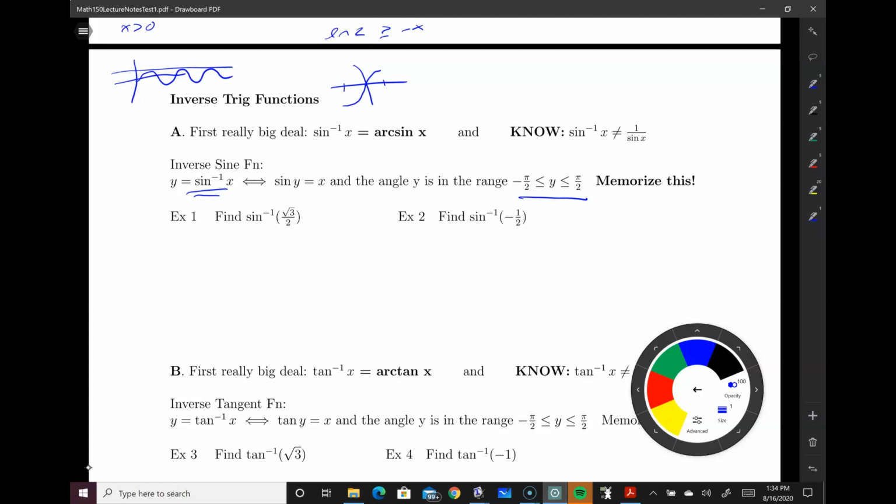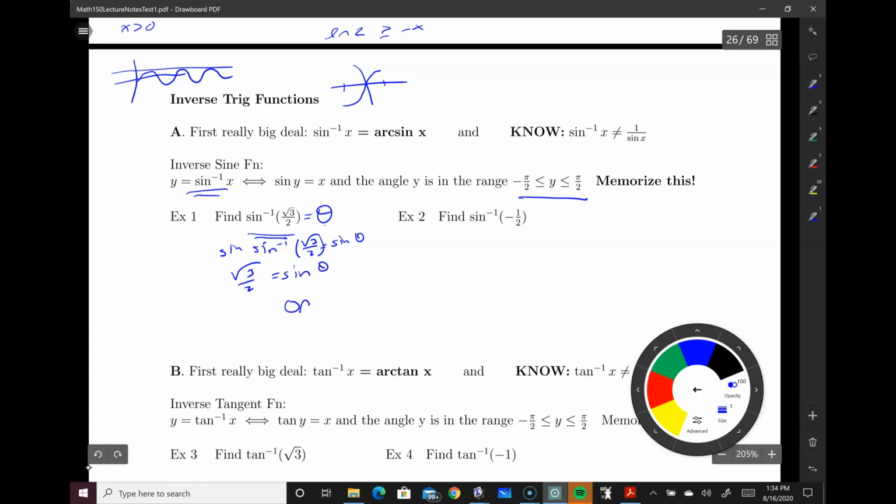So what that translates to is when I'm trying to find the angle that satisfies this, I take the sine of both sides, right? Sine of inverse sine of root 3 over 2 is sine of theta. The sine and inverse sine cancel. So I'm looking for the angle.